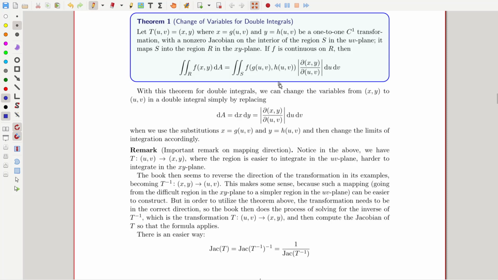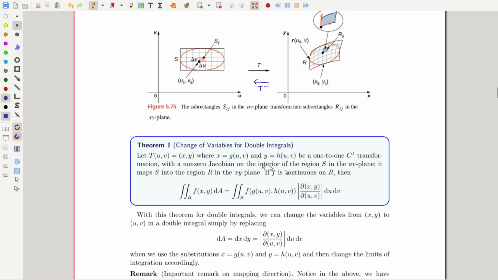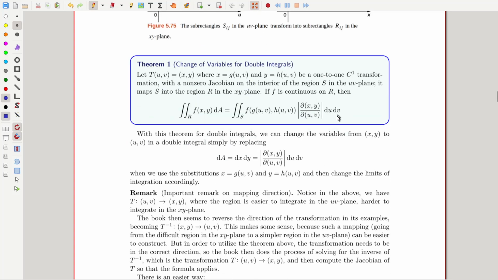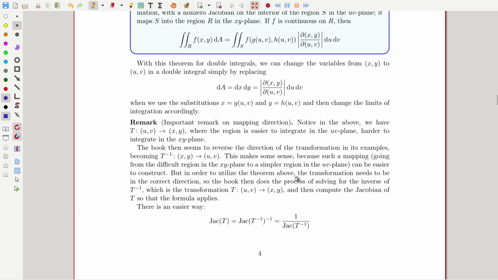But this theorem requires T, not T inverse. You need the transformation going this way. So to rectify this problem, what the book does is it then says a few things in its examples about how you invert that map, right? So you ended up with a transformation that was T inverse, and you have to invert that in order to get the transformation T, which is basically solving a system of equations for the other collection of variables.